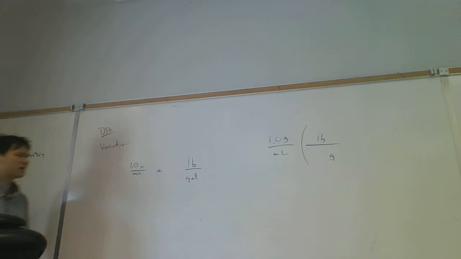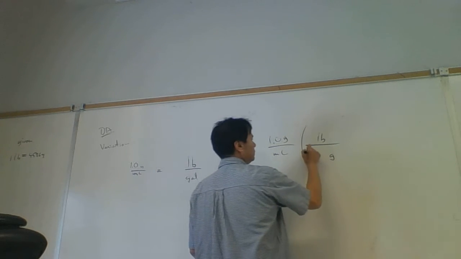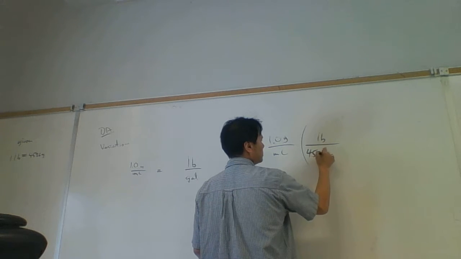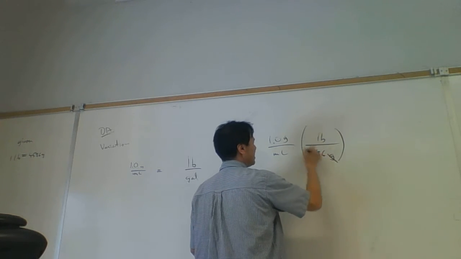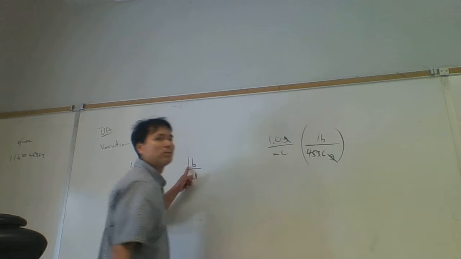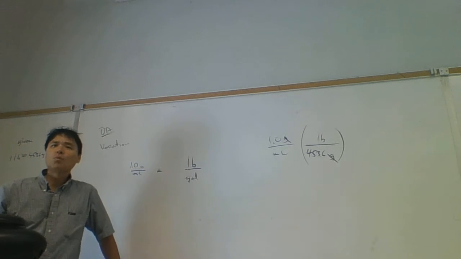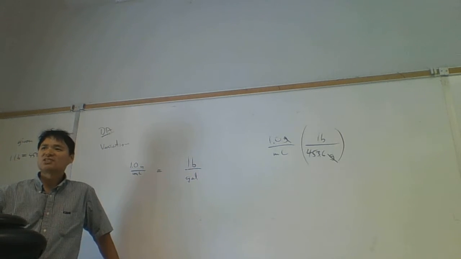So it's not exact, let's just use it. And therefore the grams cancel, and that leaves us with pounds. Well, that's what we want, pounds. So this is what we call a one-step dimensional analysis problem.